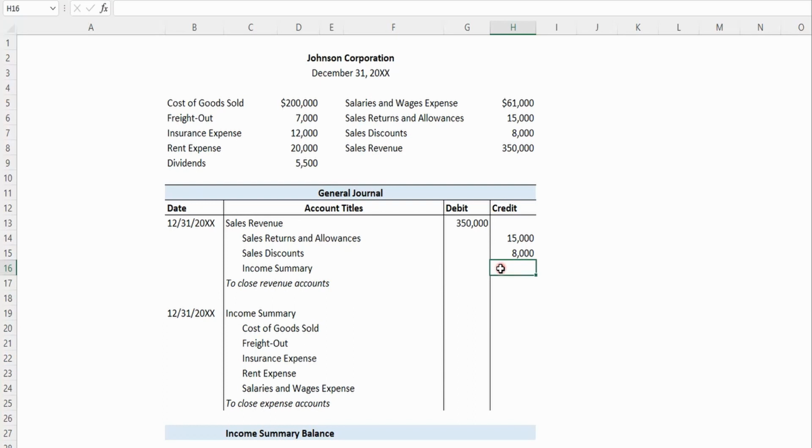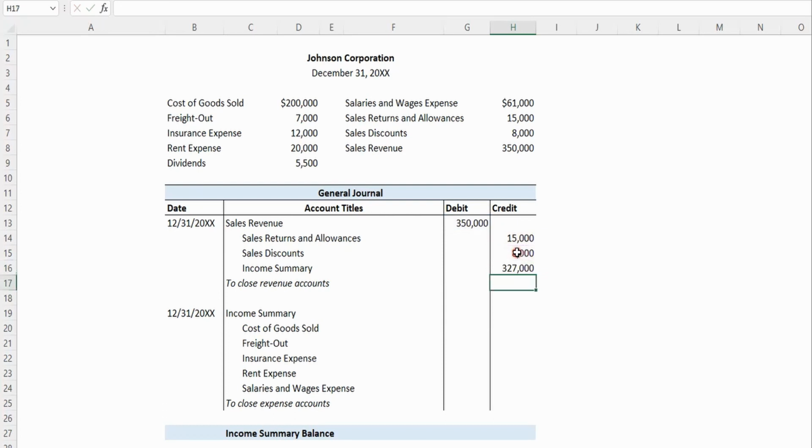The balance of the net sales is calculated as sales revenue of $350,000 less $15,000 of sales returns and allowances and less $8,000 of sales discounts. The formula is equal sign G13 minus H14 and minus H15.